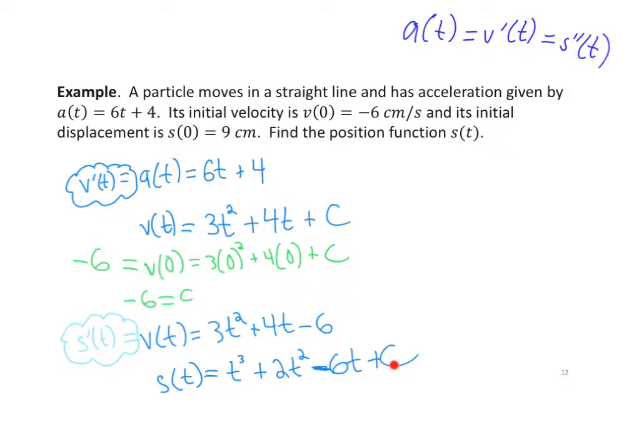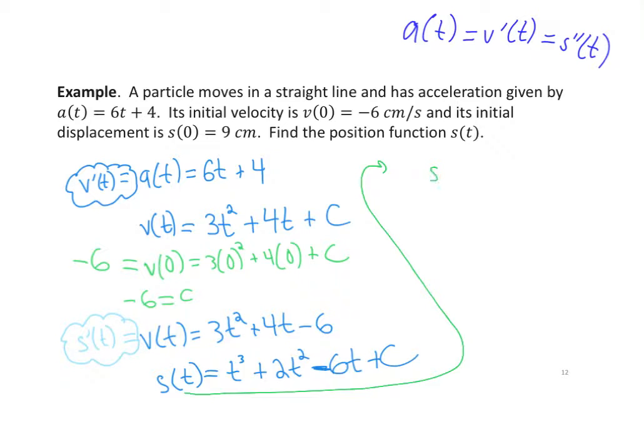Yes, I've already used the letter c over here, but since I already figured out what this c is, if I want to, I can reuse the letter c since we've already had this c fulfill its purpose. The initial displacement is 9 centimeters. So s of 0 is 9 centimeters. Let's plug that in.